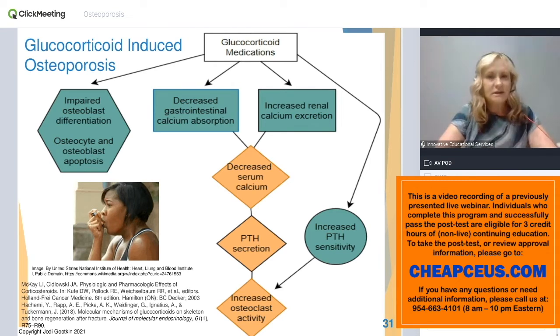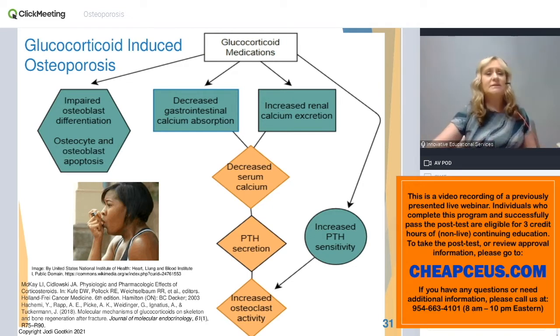In 2018, the Journal of Molecular Endocrinology wrote a great in-depth article really detailing the analysis of how the glucocorticoids increase the risk of osteoporosis. I'm going to slim it down for us, but that reference is provided if you want to look at it more closely.